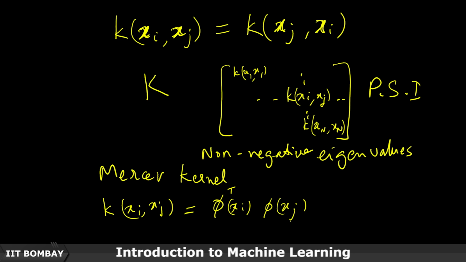So we can have k(xi, xj) equal to exp of minus the L2 norm of xi minus xj, squared, divided by some positive constant.